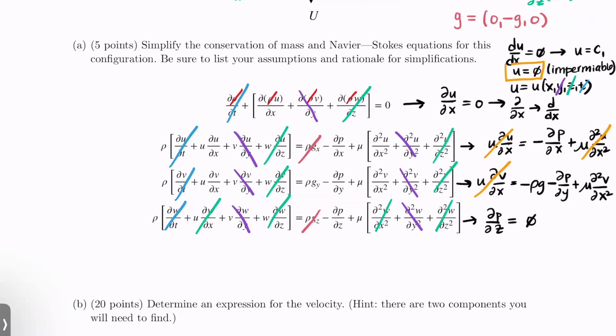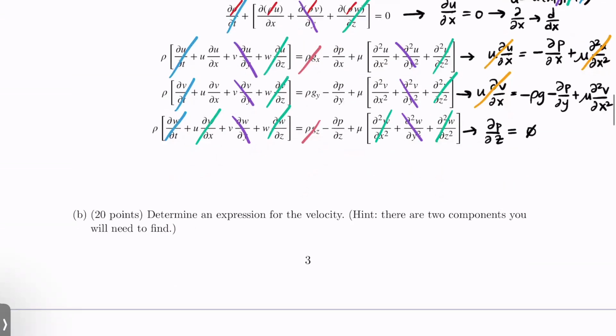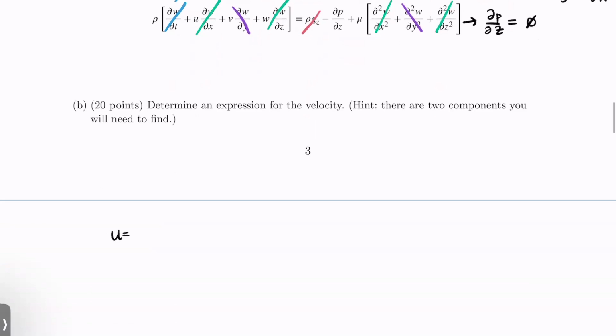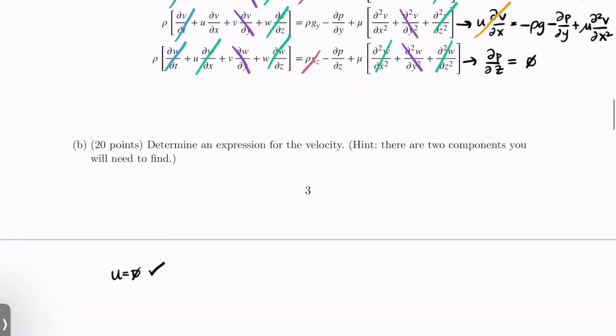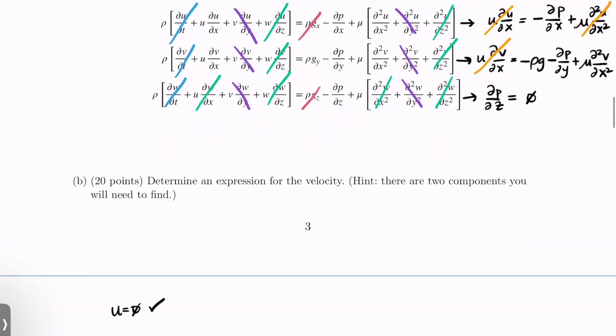Okay, so we already have U equals 0, so that's one component that we've already found. The other equation that we're going to use, our X equation now just looks like our Z equation. We just have partial P partial X equals 0.